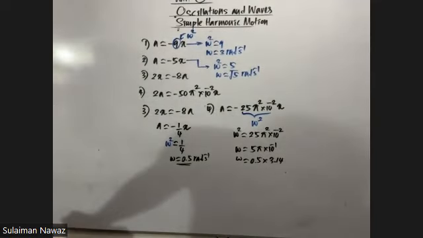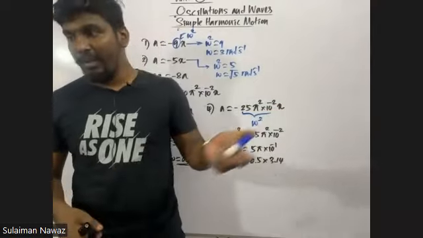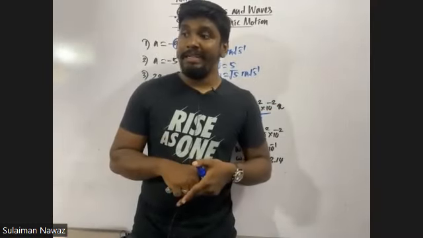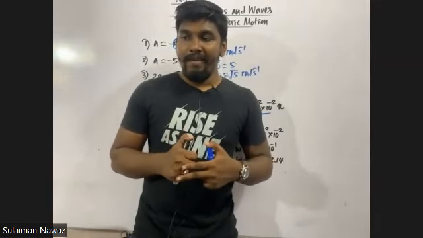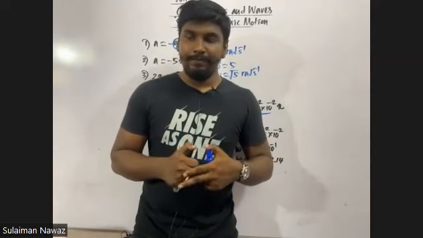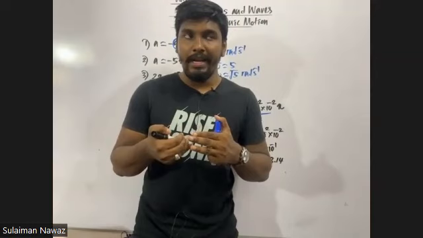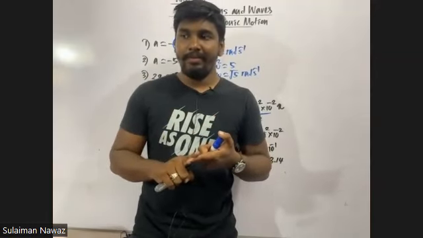So if I do that question also: 3 m/s and 4 m/s are velocities corresponding to the displacement 8 centimeters and 6 centimeters respectively. Find the time period. Now I can find the time period if I find the omega value, because time period T equals 2π over omega.